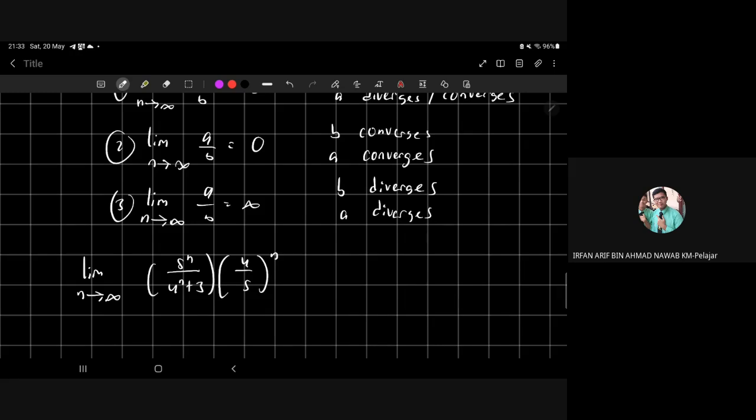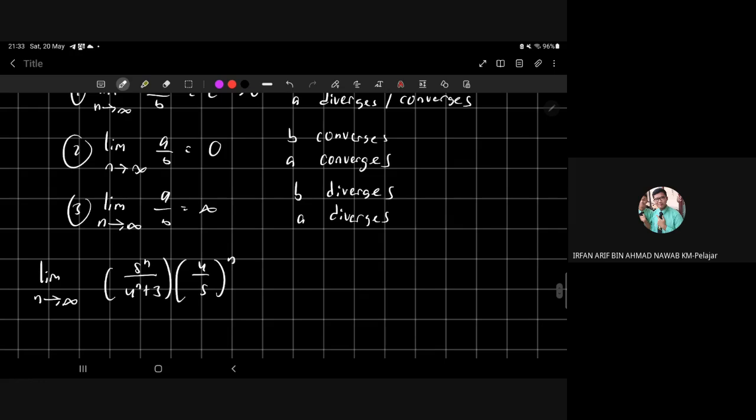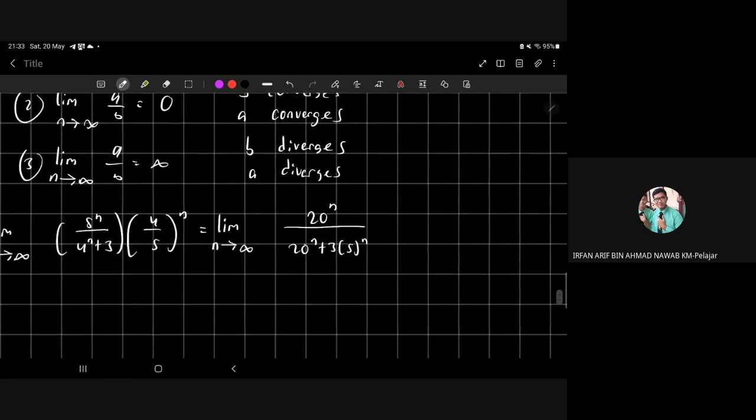Okay, seems promising enough. So here we know the limit as n approaches infinity, where we have 20 to the power of n over 20 to the power of n plus 3 times 5 to the power of n. So we know that this is our largest term.